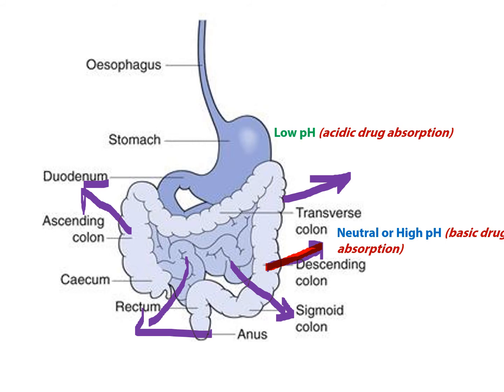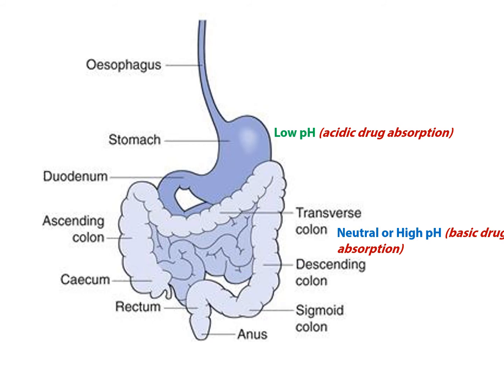So mild bases or neutral drugs will be much more likely to be absorbed in the small intestine or the colon. That's why we would understand why something may have a more rapid onset with stomach absorption, intestinal absorption, or colonic absorption.